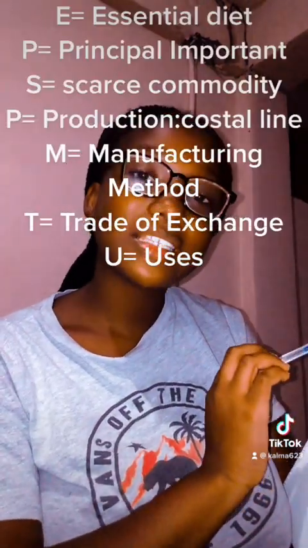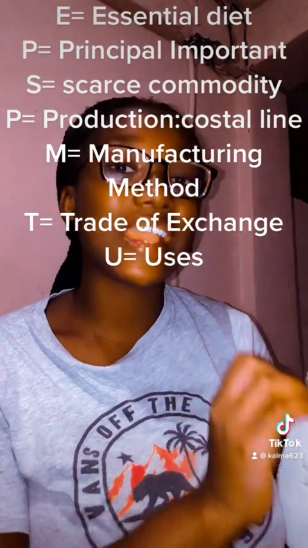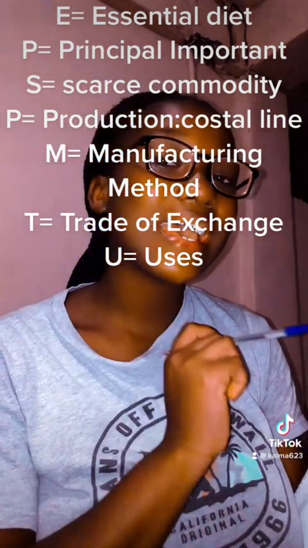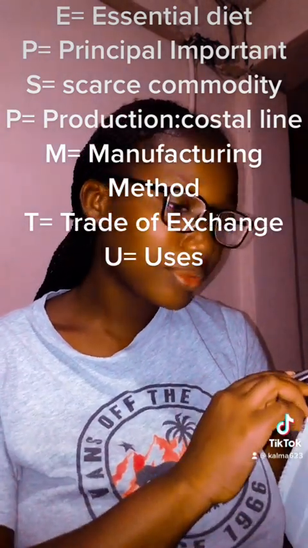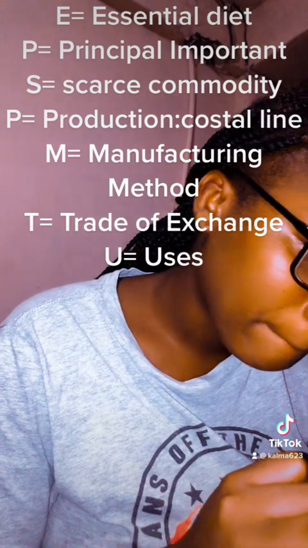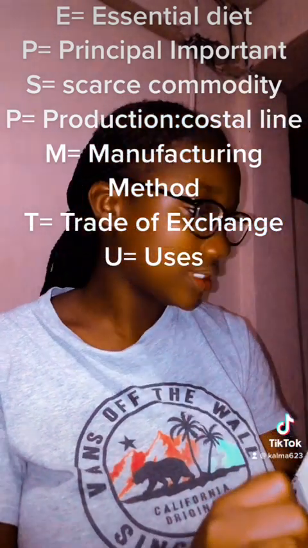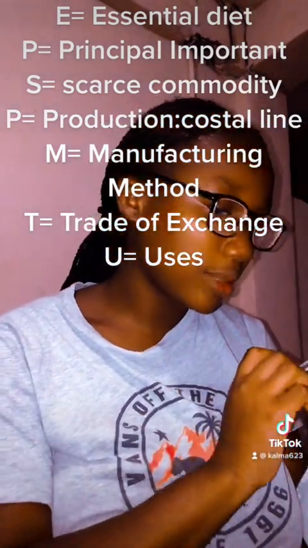The reason for this is for you not to forget how to go about writing the essay on the salt industry accordingly. So now we're going to look at why this is important. The E stands for essential diet. The P stands for principal importance.